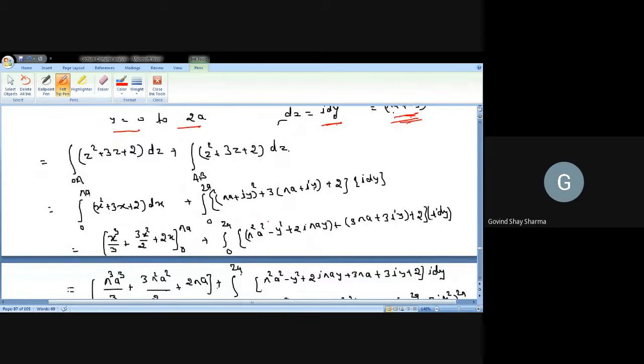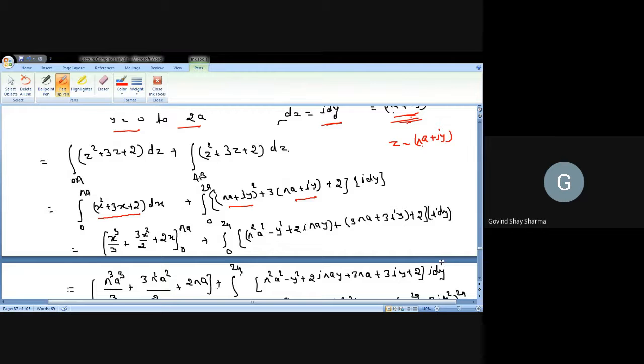So the integration from 0 to πa of x² + 3x + 2 dx, and from 0 to 2a, we put the value z = πa + iy.